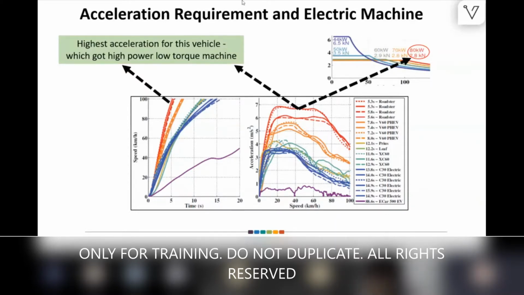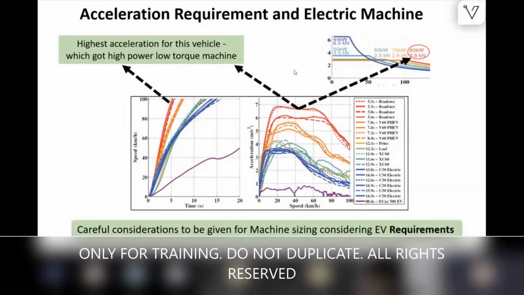We have to be very cautious when we pick any machine and gearing, and do a complete study. We cannot just look at the requirements, the machines and the catalogs, but should have some approximate model of the vehicle ready to validate such claims or requirements.